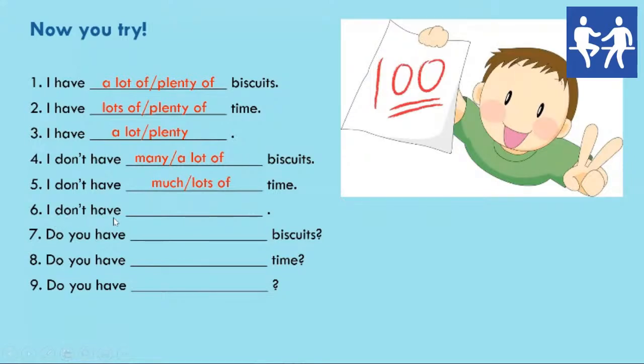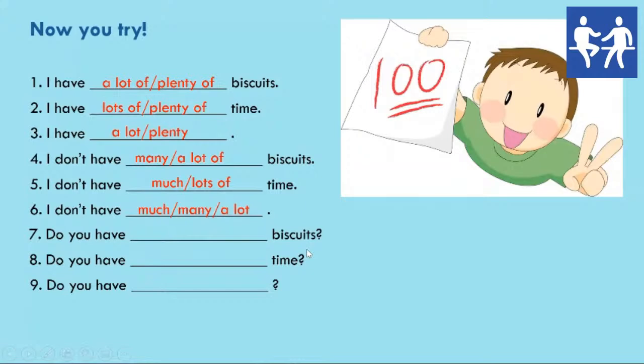Sentence 6, again, it's a negative sentence, but this time we're not using a noun at all. So we can say I don't have a lot, or depending on whether the original noun is countable or uncountable, we can say I don't have much or I don't have many.